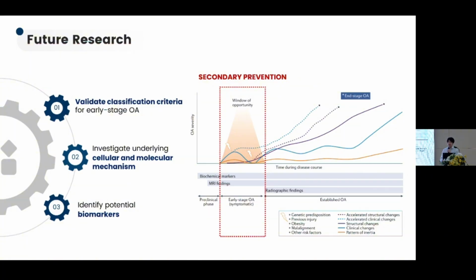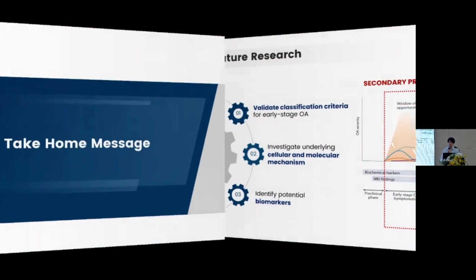Currently, there's a big gap in this area in facilitating the diagnosis of this patient group. Robust evidence and validated classification criteria are needed. This, in turn, will pave the way for studying the cellular mechanisms that occur during this phase, ultimately leading to the discovery of specific biomarkers.